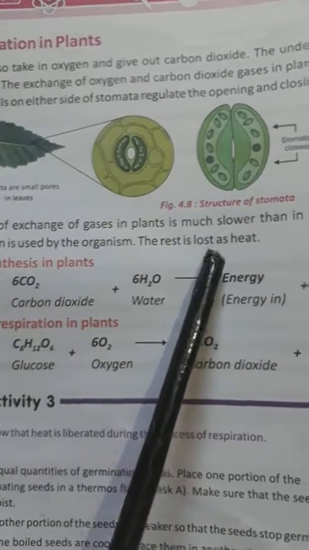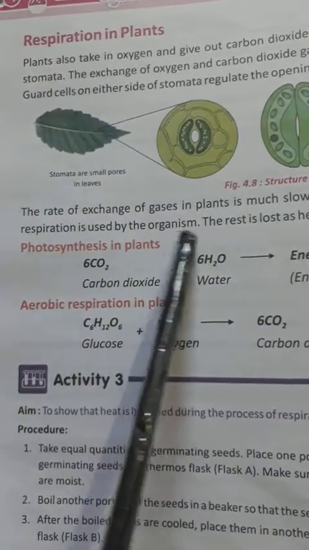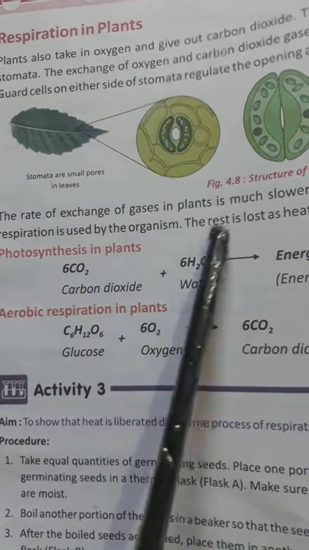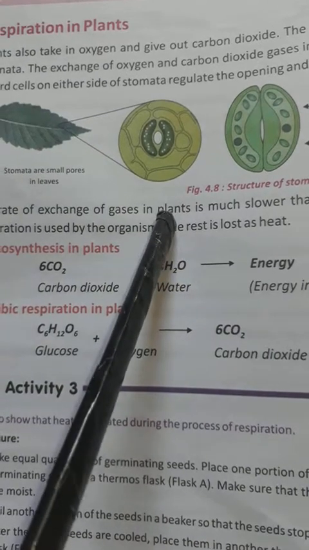So the energy that is released during respiration of plants is used by the organism. Plants also take oxygen and give out carbon dioxide, but it is a little different, okay?